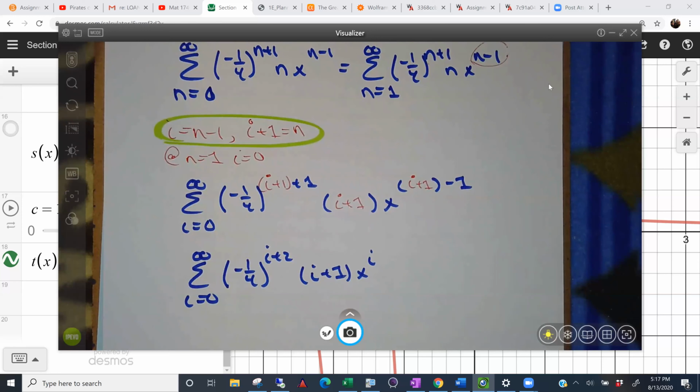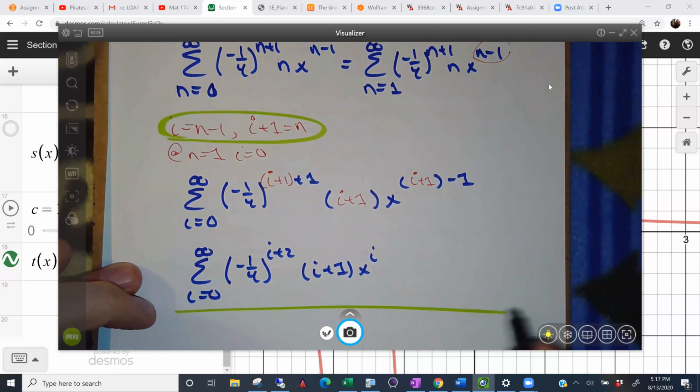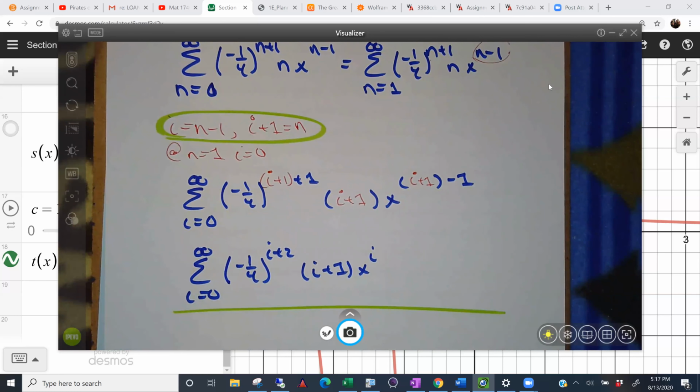Now, if you want some more practice in something like this, what you could do is do this last example for yourself.